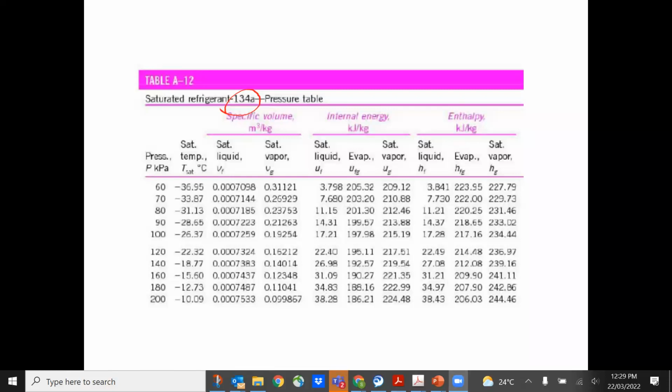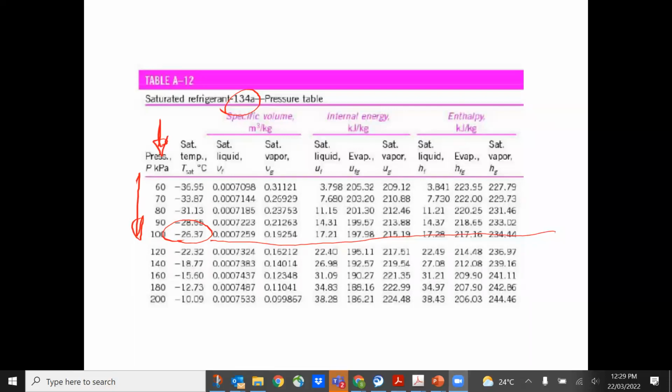So you can see that the table structure is the same, with the first column being a pressure table or temperature table. Same thing, you go along the pressure, you find the temperature next to each pressure, and then you find all the other properties in that row.